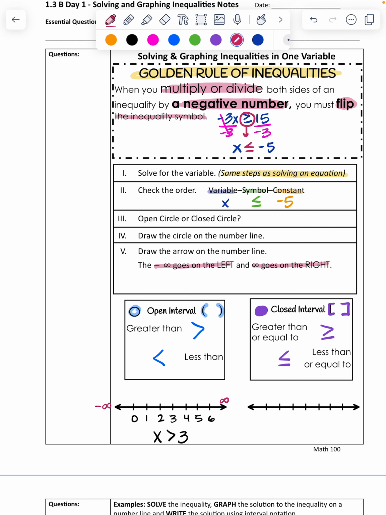I'm going to draw an open circle because I have a greater than symbol here. And x is greater than 3, so my arrow will point up the number line toward infinity. So when I write my interval notation, I will use parentheses, 3, and positive infinity, parentheses.